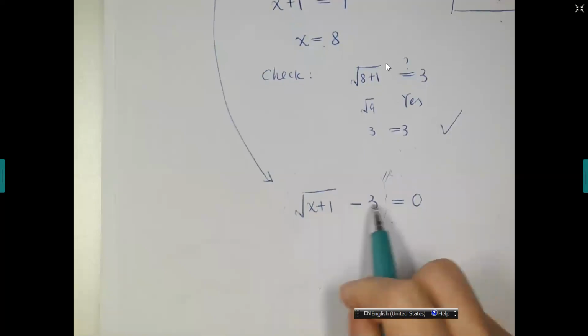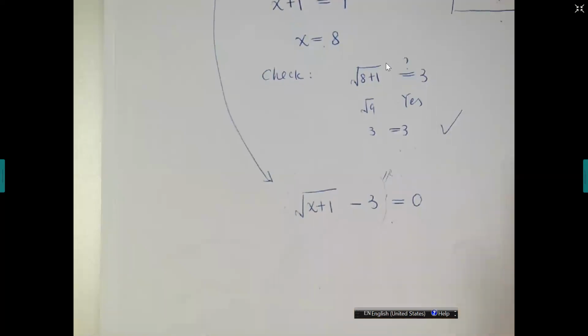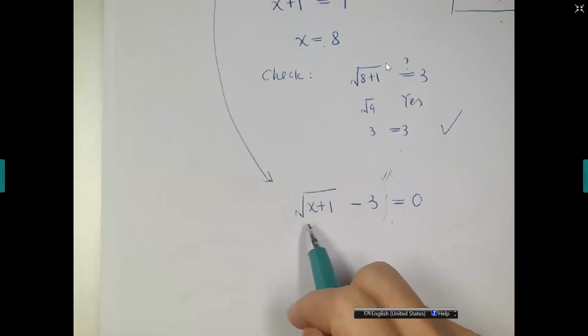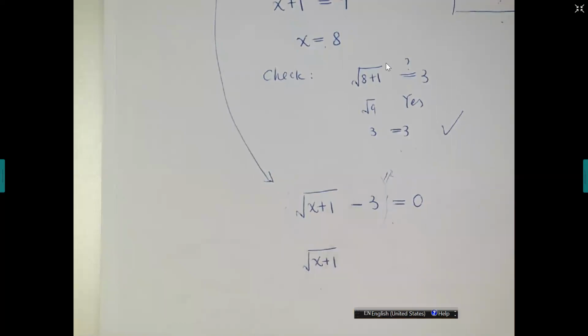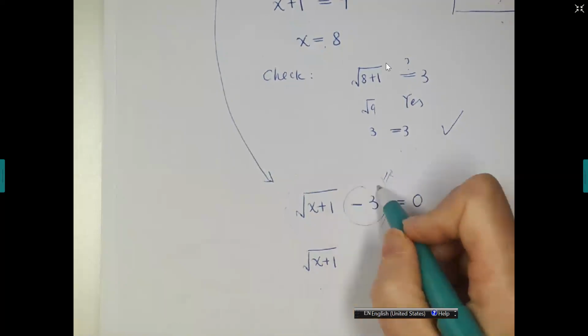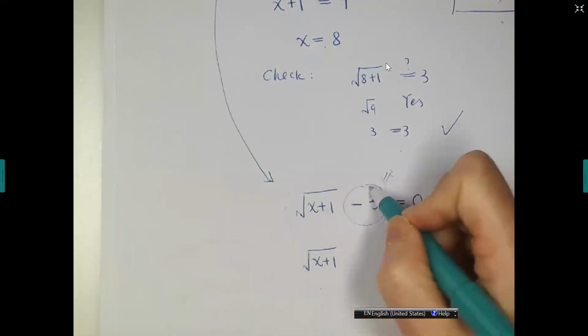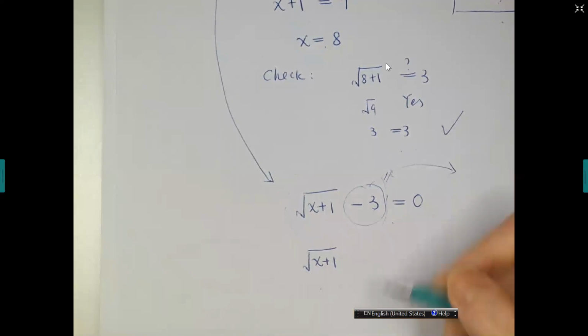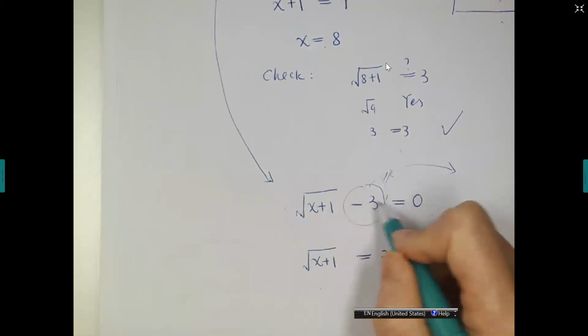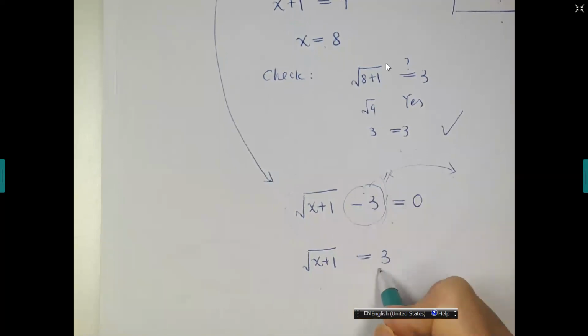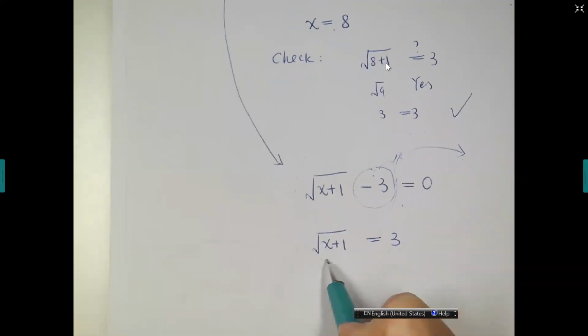So before we apply the squaring property, we have to move minus 3 to the other side. How? To move it, we change the sign. So negative 3 is moved to the right. It turns into positive 3. And this radical term is isolated. It stays on the left side by itself.